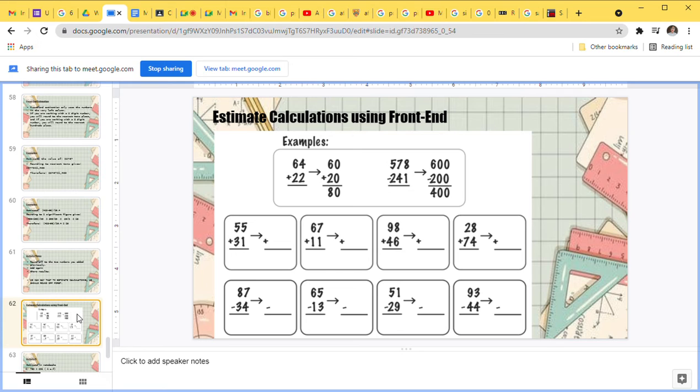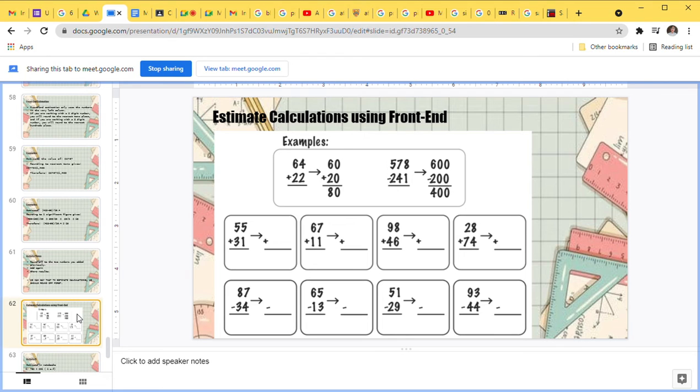If we round off 55 to the nearest 10, what do we get? 60. And if we round off 31 to the nearest 10? 30. So now we add 60 and 30, which gives us 90. That is the first one. Now let's go to the second one.